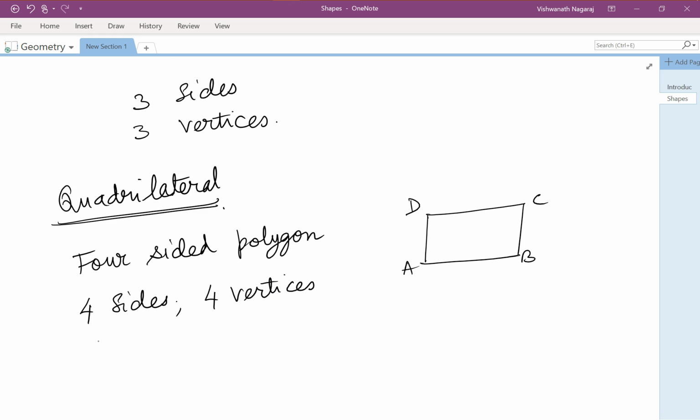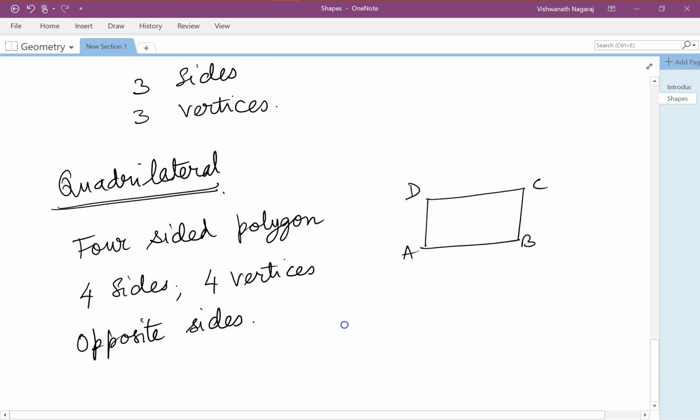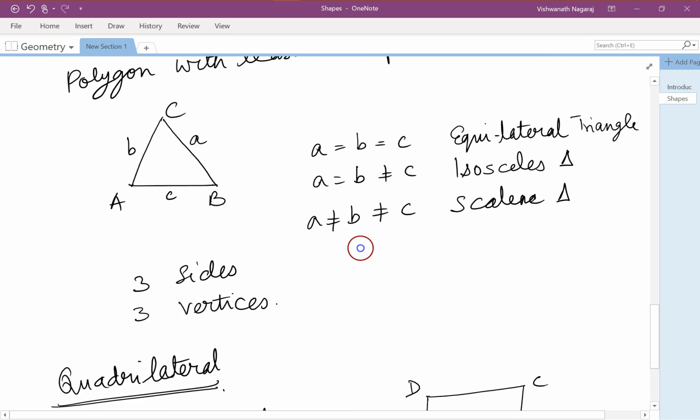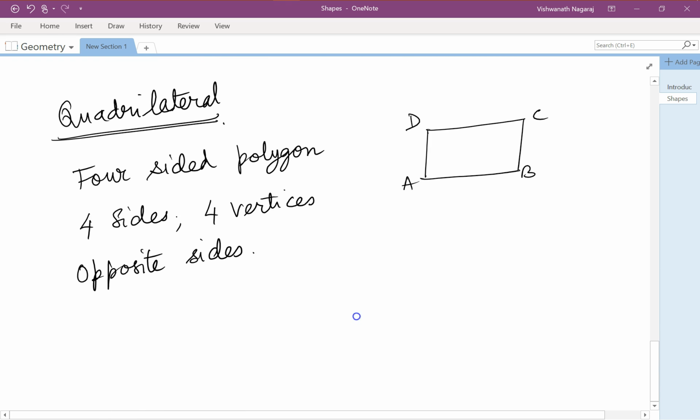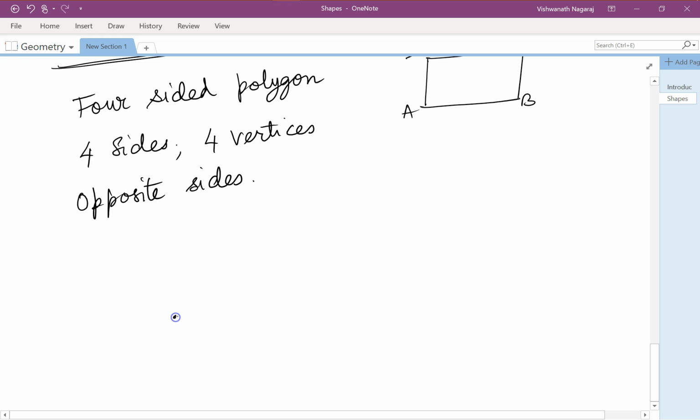Now in this case, there is something called opposite sides. There is another property with respect to these line segments with a common vertex that is very important. Say for example, you have a point from which you have two line segments, right? Line segments, okay. Let's not make it a ray. Now this is called an angle.